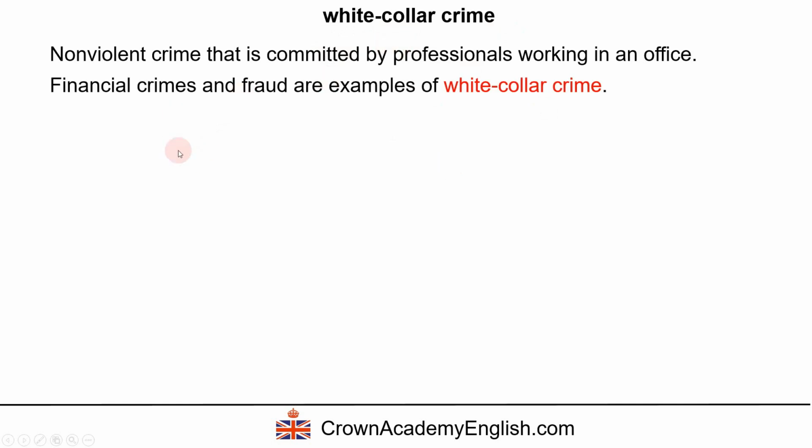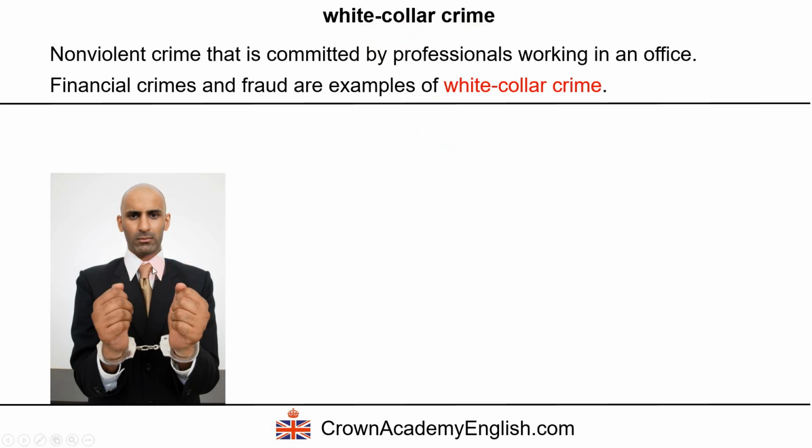So these are often financial crimes. So financial crimes and fraud are examples of white-collar crime. So all the crimes that you hear about that happen in banks and insurance companies, they are examples of white-collar crime.